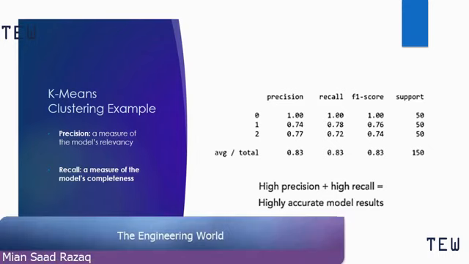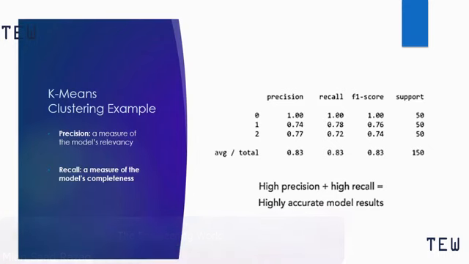So looking at the results of our model evaluation, you can see under the precision column for record 0, for all points predicted to have a 0 label, 100% of the retrieved instances were relevant. That is indicated by 1.0 here.